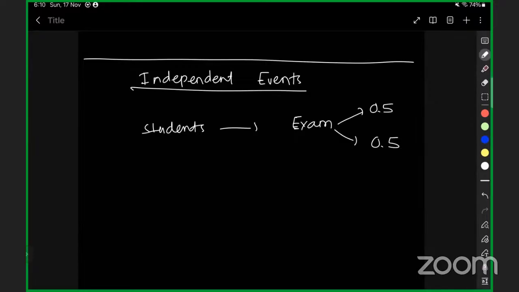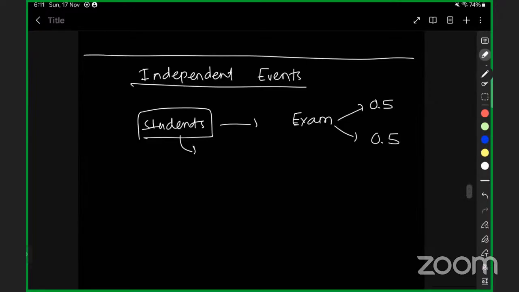And then let's say I tell you that this student is studying more than the average student, basically studies more. So this is passing and this is failing.